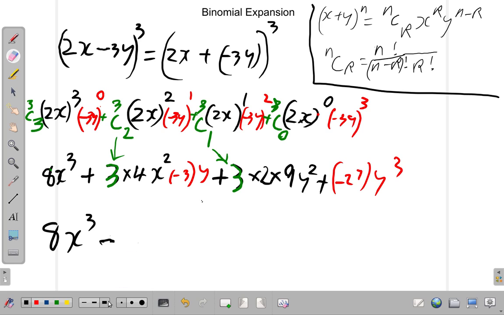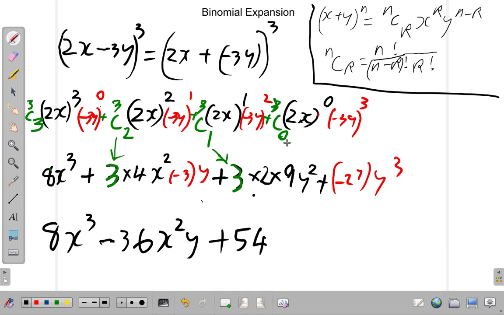So when you work that part out, you get negative 36. You see that? Positive 3 by positive 4 gives you positive 12. Positive 12 by negative 3 gives you a negative 36. Then you have the x squared and the y plus. Then you have 3 twos are 6, 6 nines are 54. This will be 54.